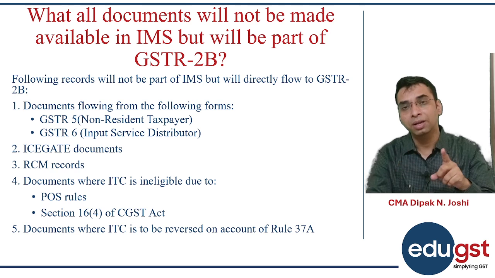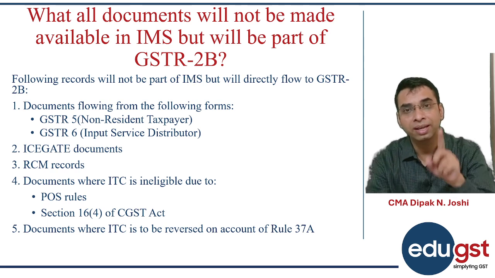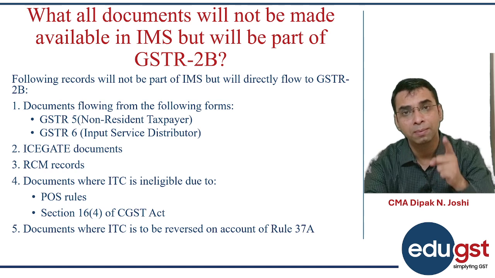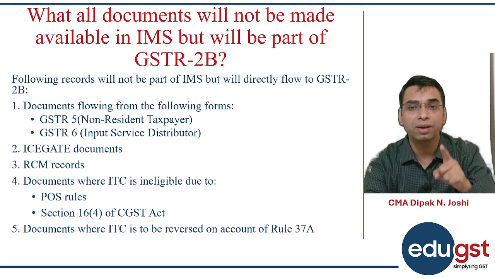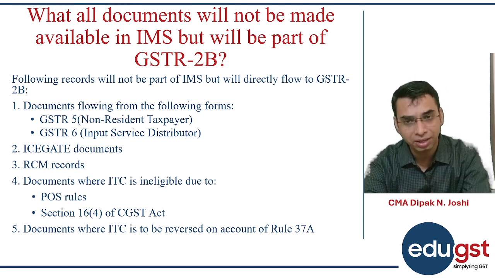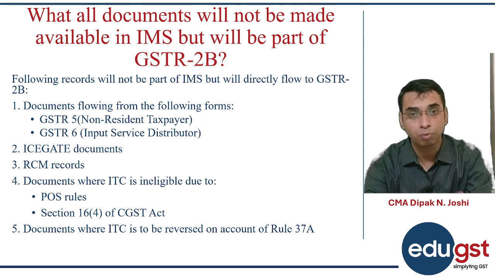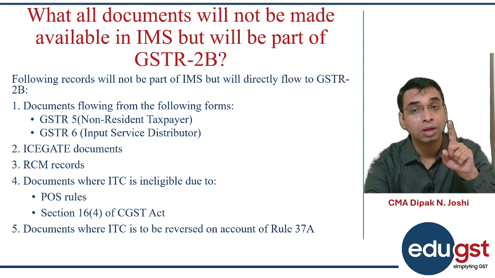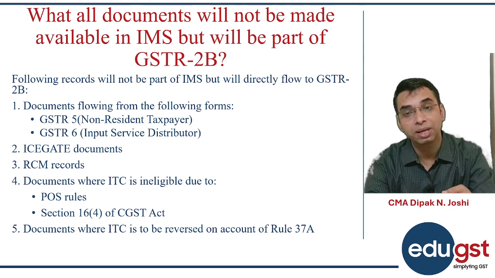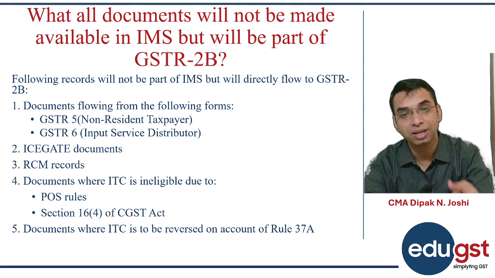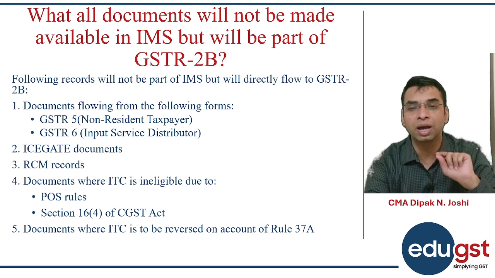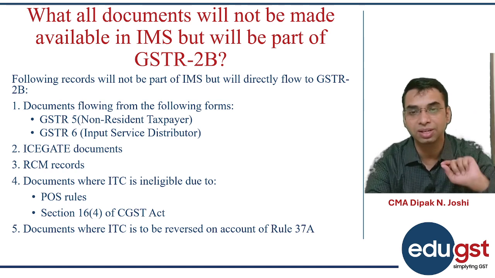Try to understand: in the existing case, the supplier was filing GSTR1 by 11th. By 13th, the system was generating GSTR2B, which was the final GSTR2B. There was no change in GSTR2B. Based on that GSTR2B, we used to reconcile our books of accounts with the GSTR2B, and only to the extent of matched credit were we taking the credit in GSTR3B.